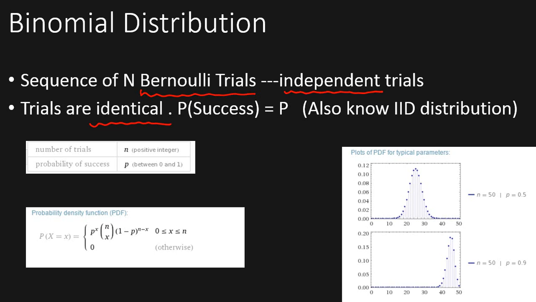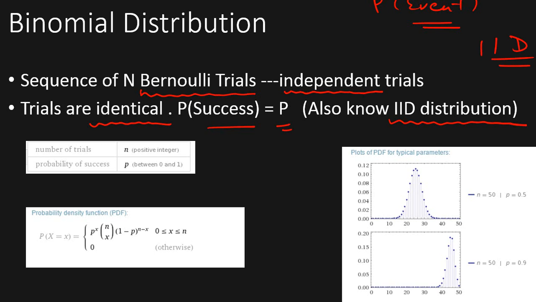That means the probability of success, or the probability of an event happening, if you remember from the last video, where we talked about the different events and the two outcomes, the probability of the outcome of interest has to be the same in all the trials. So that's another assumption. In short, we call it IID, identically and independently distributed.